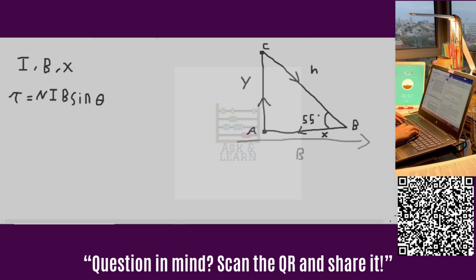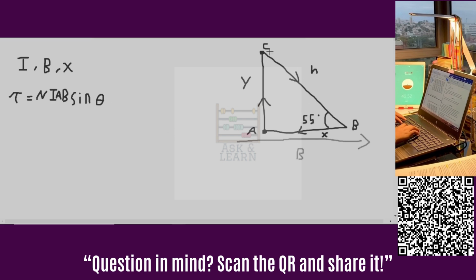I'm missing a factor here. This is also multiplied by the area, so there's a capital A in here. So this is the number of coils times the current times the area involved times the magnetic field times sine of theta. So it brings us back to the area. What is our area in this case?